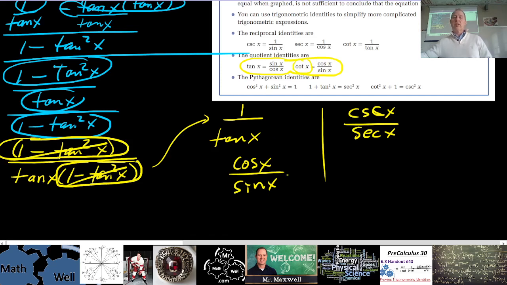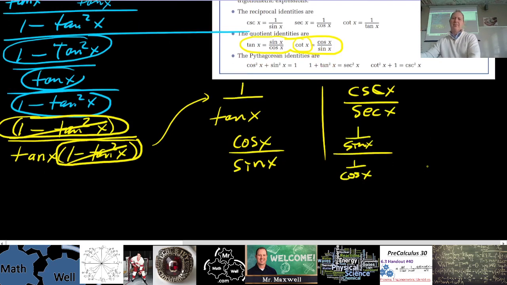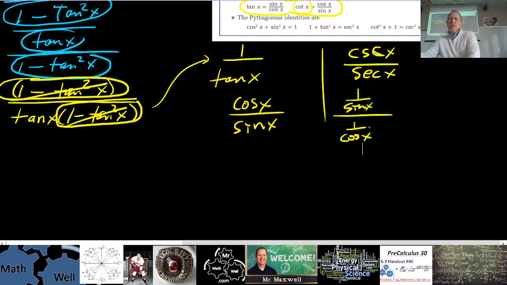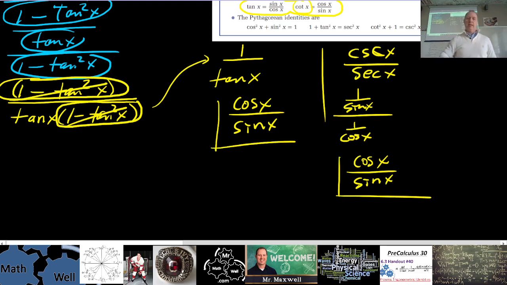So using identities, and this is an acceptable one step skip. And over here I have 1 over sine x divided by 1 over cos x. And of course, when you flip and multiply, you get cos x over sine x. And there you go. You've actually got them both to be equal, the exact same thing.